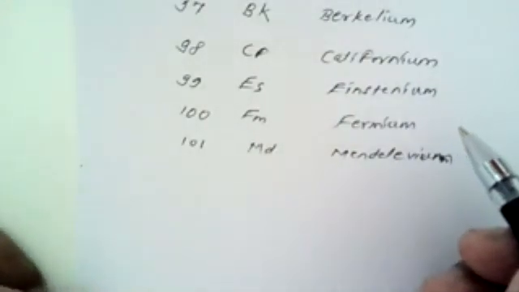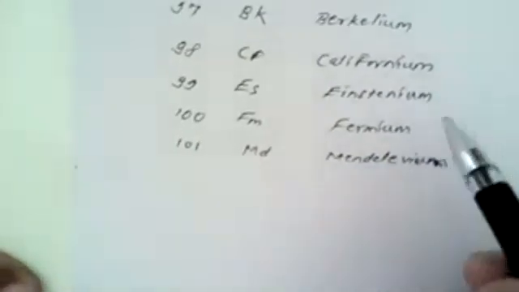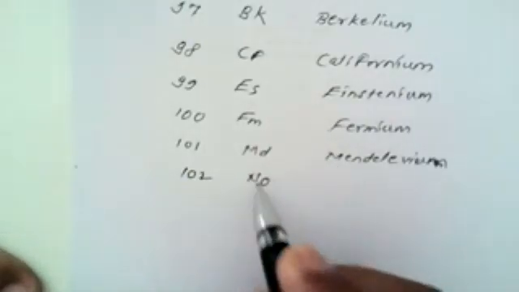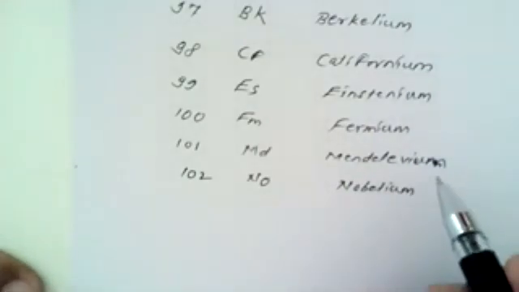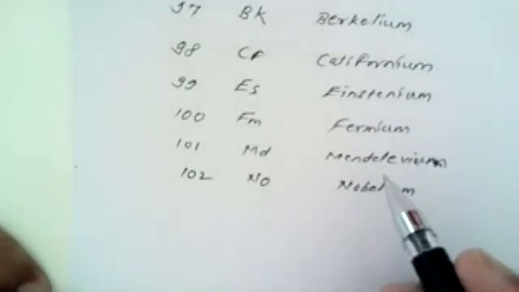Hence the name is derived from his name as mendelevium. Then last but one element is No, capital N, small o, known as nobelium. That is Nobel Prize, given for remarkable achievement in the research of chemistry, from which the name is derived as nobelium.